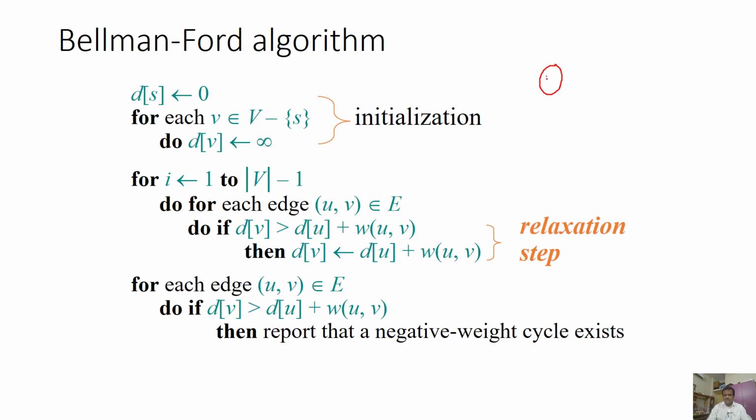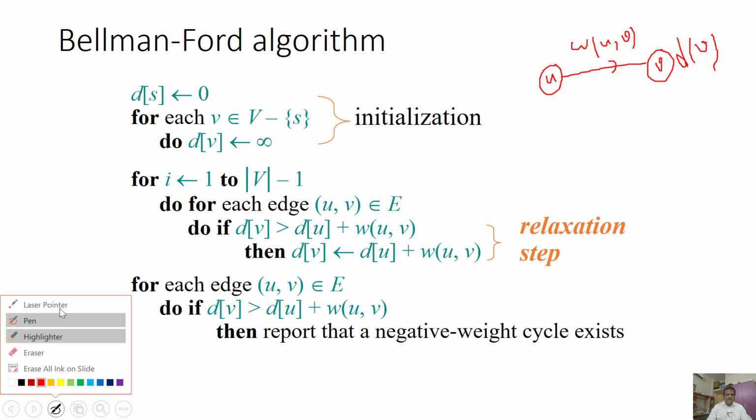This is a vertex U and this is vertex V. This is a directed edge and this is W of U V, the weight of this edge. Okay. And we have d of V, which is basically the key value of V, the distance estimate of the shortest path from S to V.